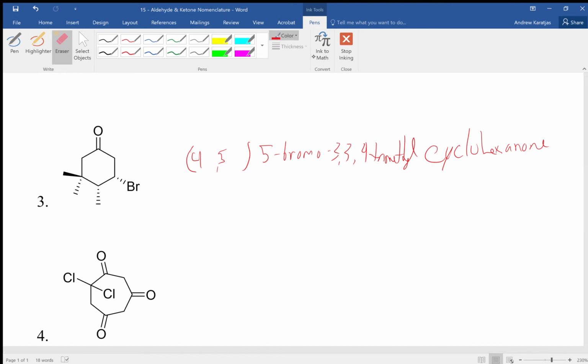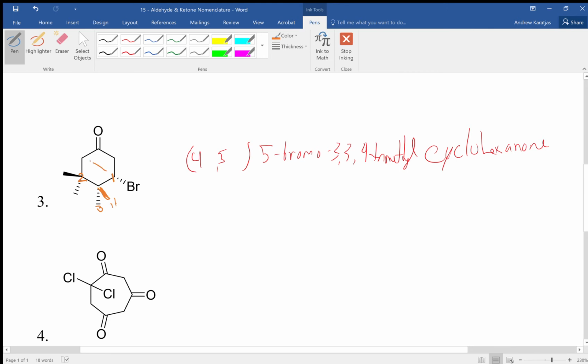At carbon 4, which is down here, our third priority group is the methyl. The hydrogen that's pointing forward is the lowest priority. Our higher priority is to the right because that carbon is attached to a bromine, whereas the carbon on the left is only attached to other carbons.